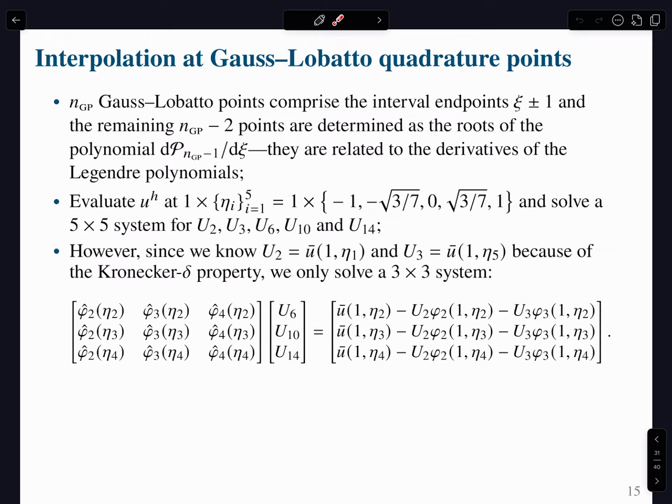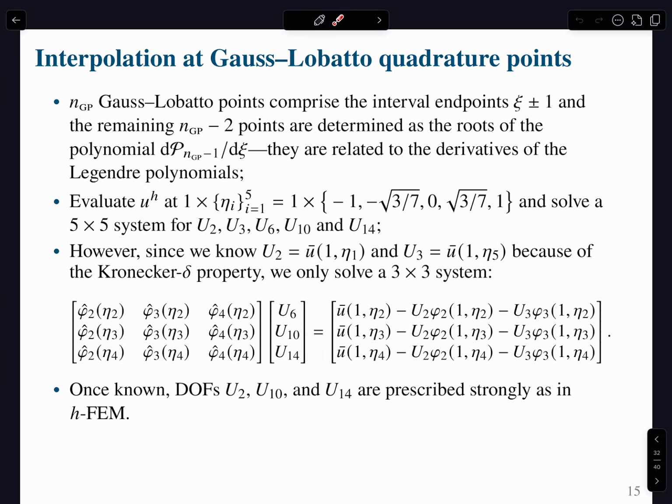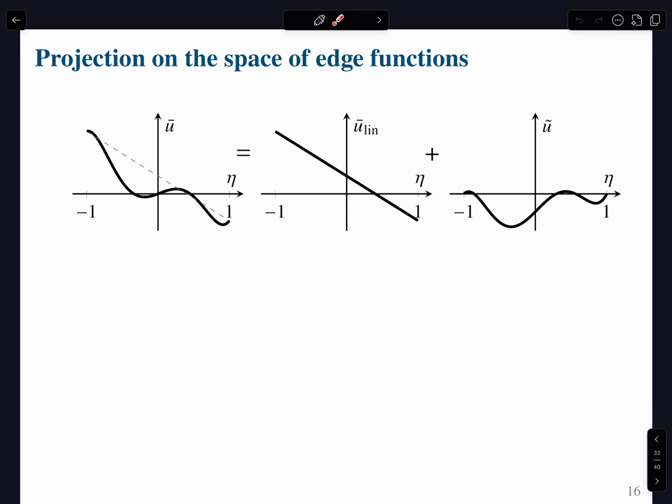So this is one of the ways to deal with this. Essentially, you evaluate the field at the locations of Gauss-Lobatto quadrature points. Yeah? All right. Is this done while we're solving the system or in post-processing? It's a pre-processing stage, because we actually don't know the values of those coefficients, right?